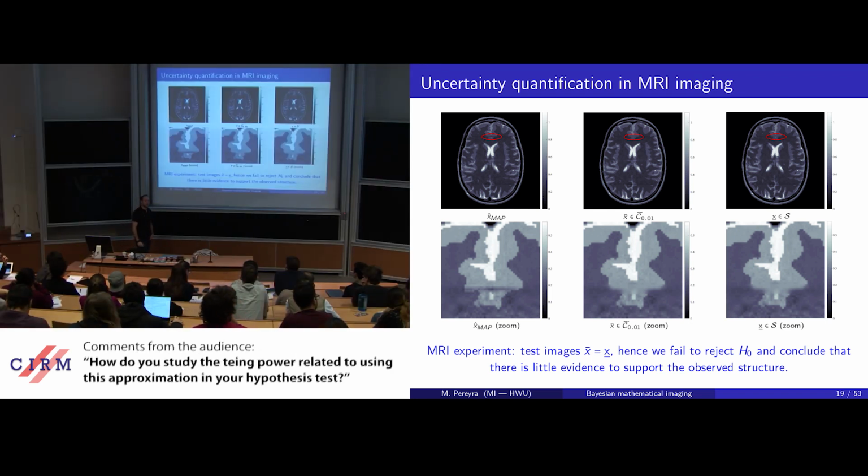Yeah? So when you do this test, you have this notion of power of the test. My intuition is that if you overestimate the C tilde, then you're going to have bad power, in the sense that you're going to miss a lot of true detections. So how much of a lack of power does this upper set give you, or can you quantify this?